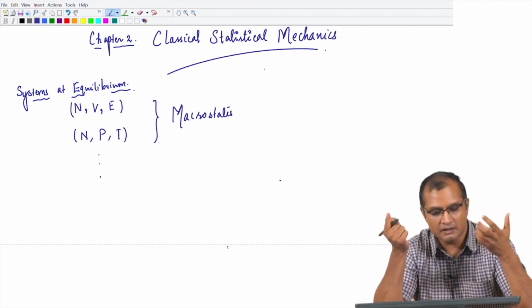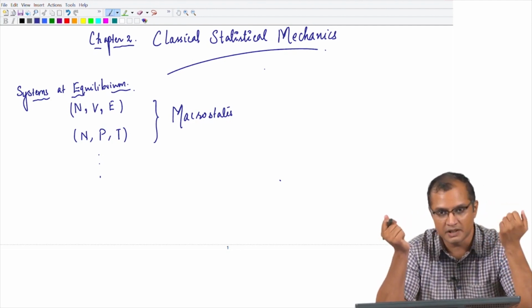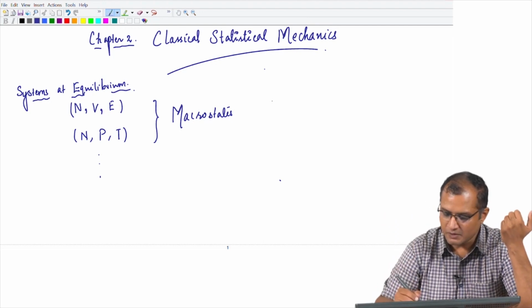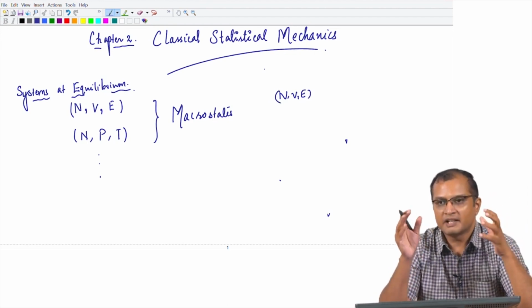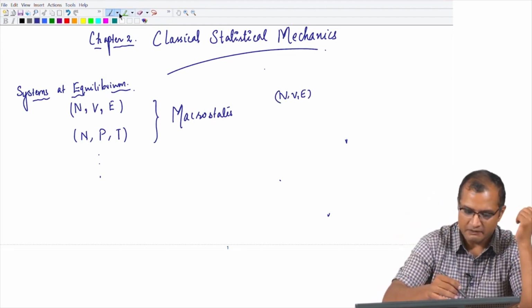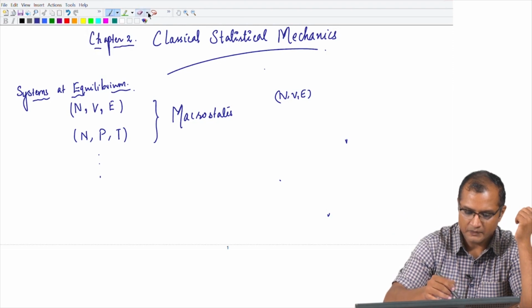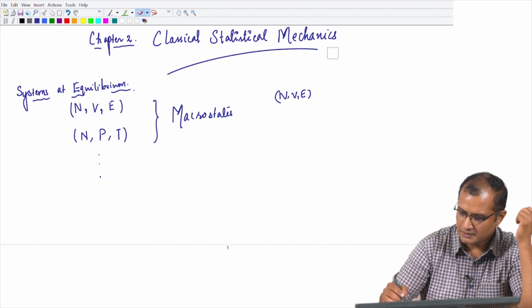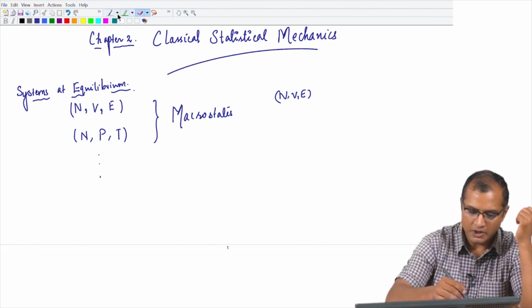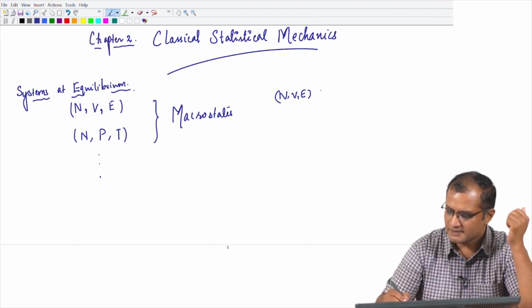As you can see, in each macro state I have taken only 3 variables, but a given macro state, for example N, V, E, which means if I take this room at a given value of N, V and E, then you can classify the system.